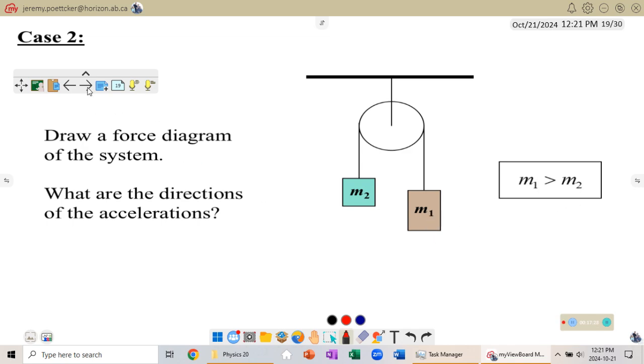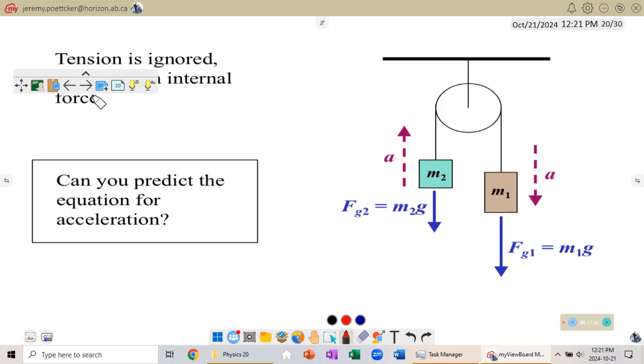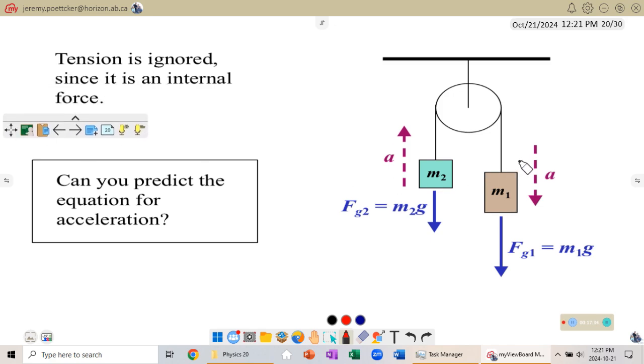So one of the things we got to look at here, I don't think, yeah, I did start to draw it here. We can ignore tension because it is an internal force. Now, obviously, there is tension in this rope in the middle, but if we're looking at the whole system, we don't draw internal forces.